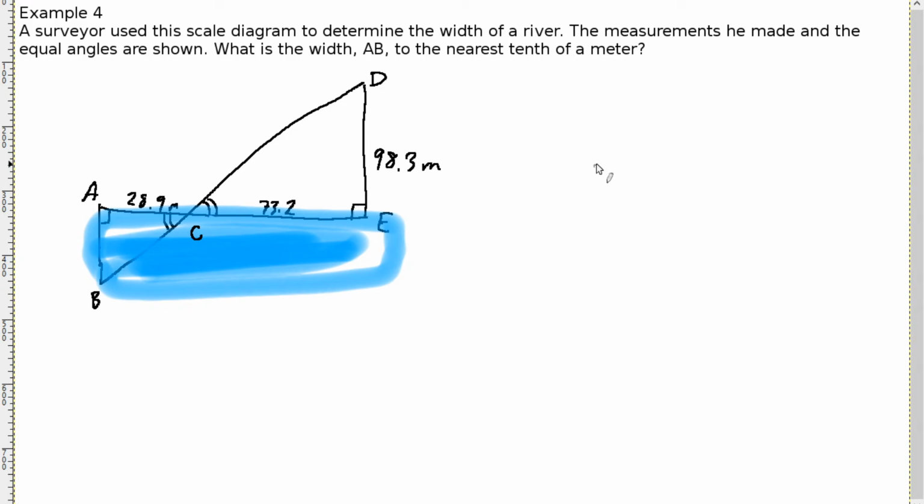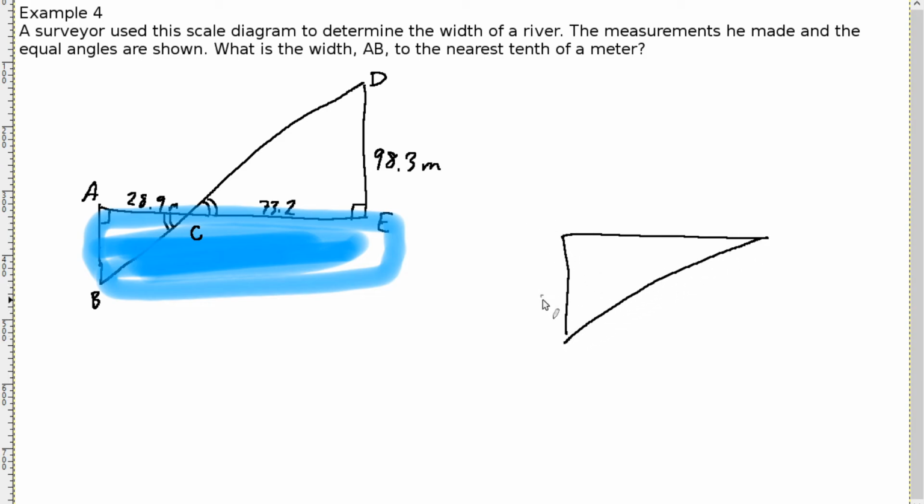So we have to figure out what AB corresponds to, and what AC corresponds to. Since we have this triangle with the right angle, we could flip it upside down, then mirror it.